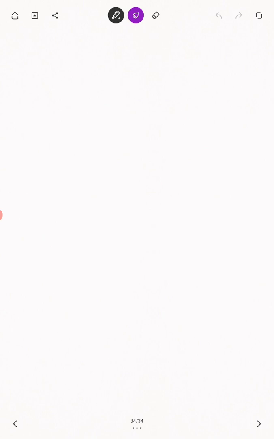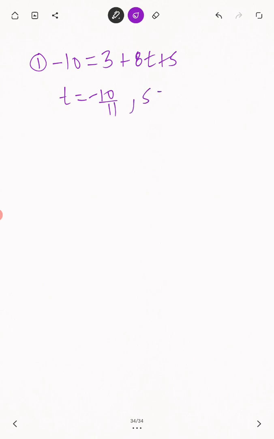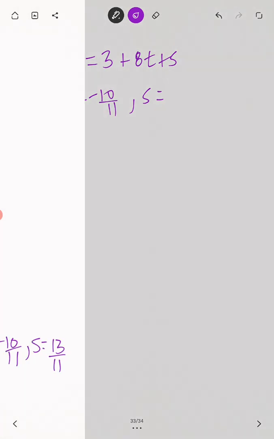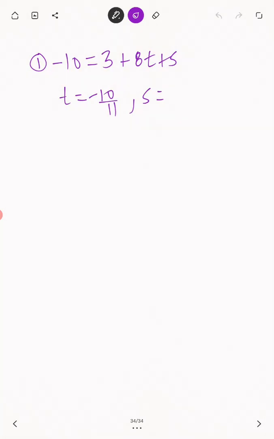So going back to the first equation, we had negative 10 equals 3 plus 8t plus s, and t equals negative 10 over 11, s equals, let's go back and check, 13 over 11.